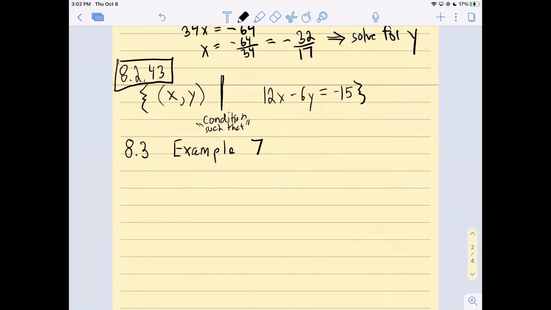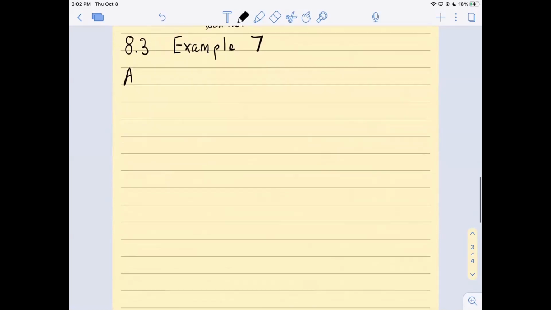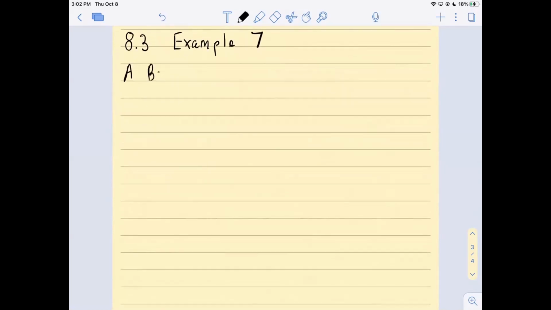Okay. So let's do example 7. A Boeing 747 flies 4 hours west with a 60 mile per hour tailwind.